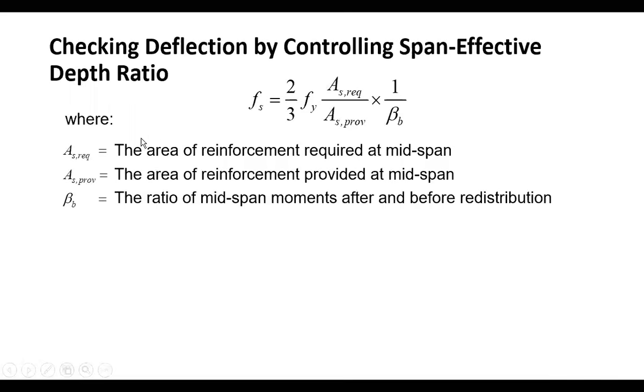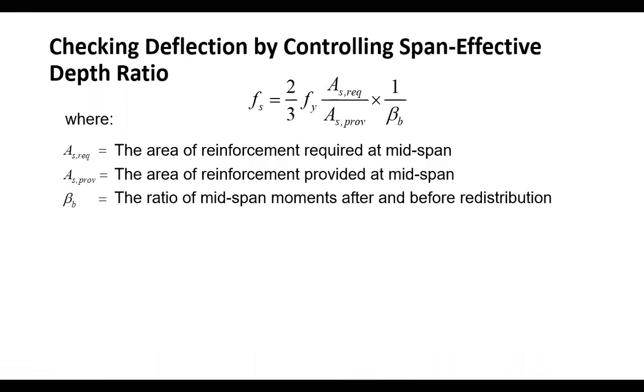As required is the area of reinforcement required at mid-span. As provided is the area of reinforcement provided at the mid-span, and beta b is the ratio of mid-span moment after and before redistribution. Usually the code does not allow redistribution if you are using the coefficients from the table to get the bending moment and the shear.